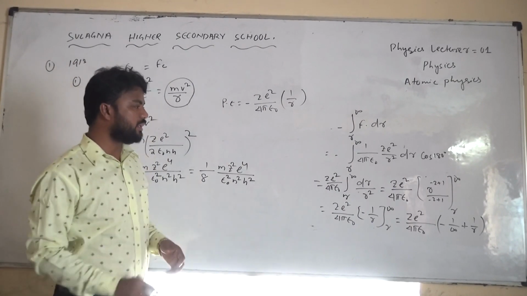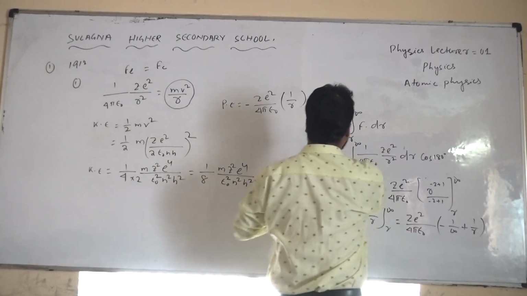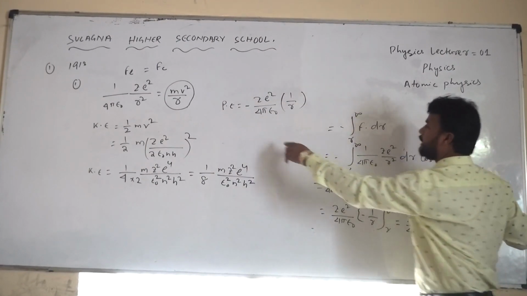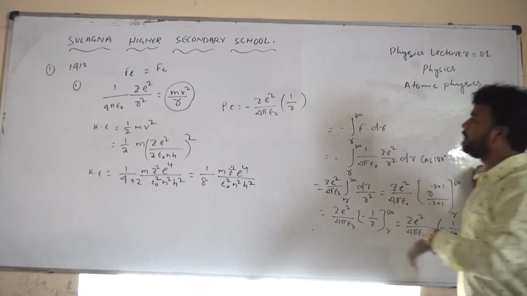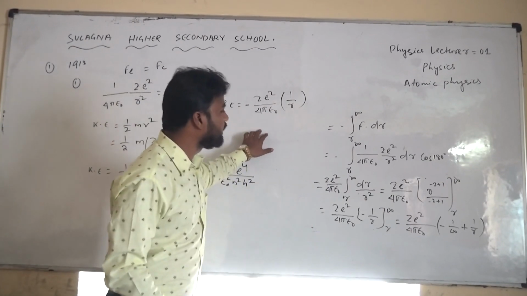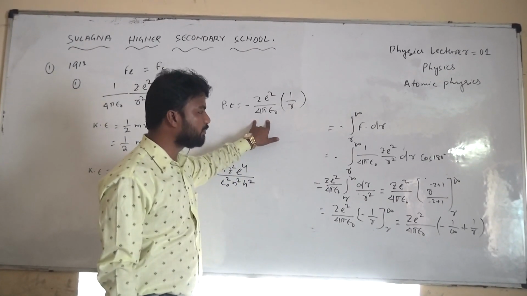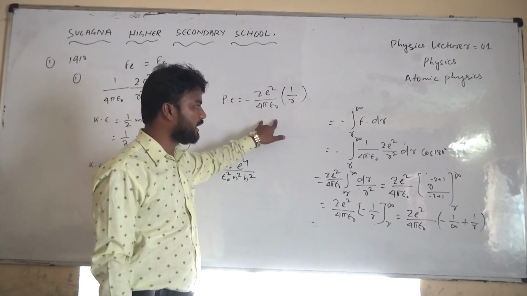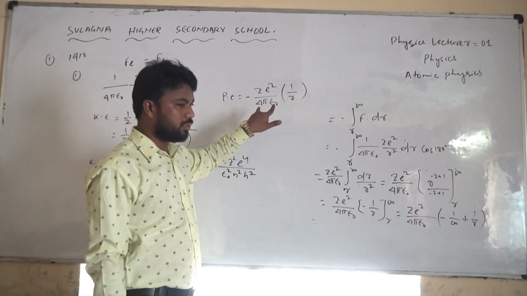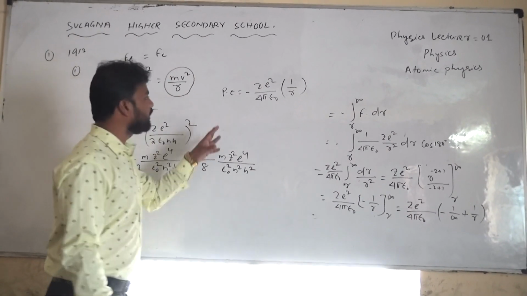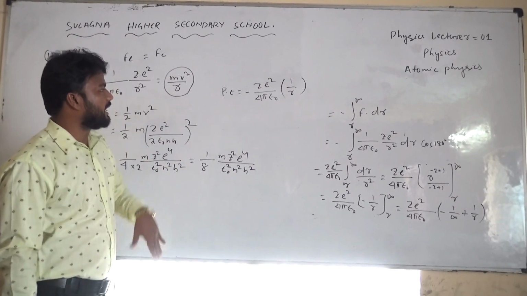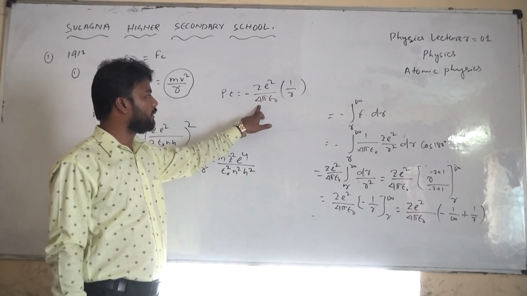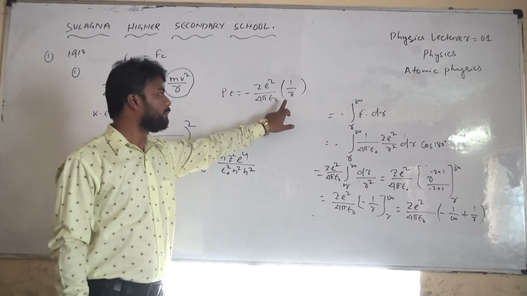Since the potential energy, or the work done, is taken against the electrostatic force, the total potential energy is equal to minus z e square by 4 pi epsilon naught into 1 by r.